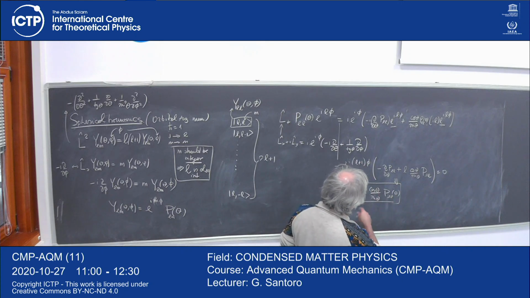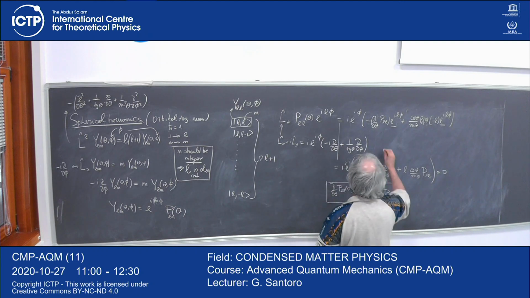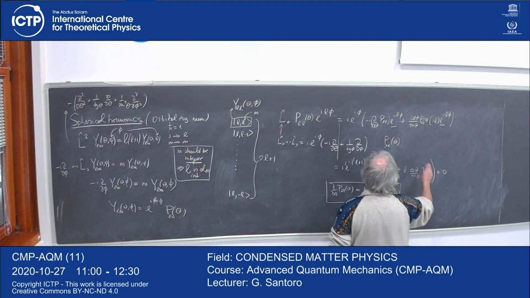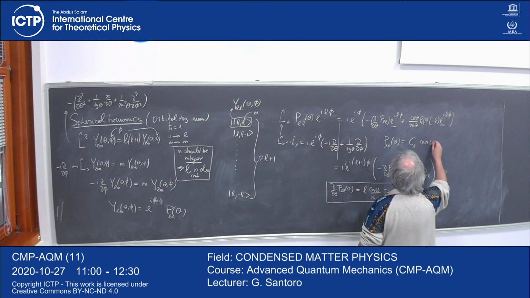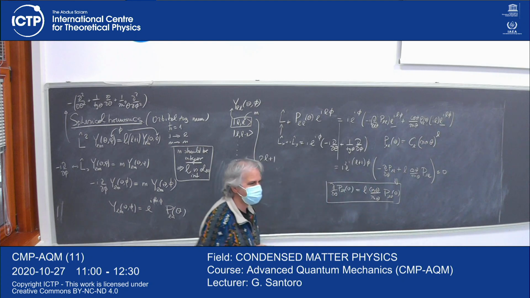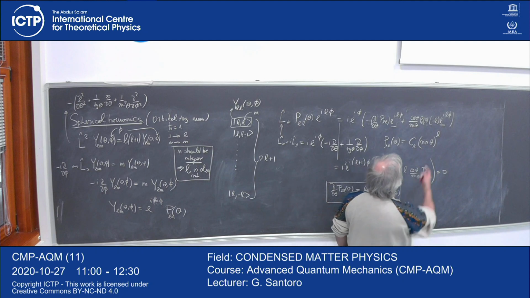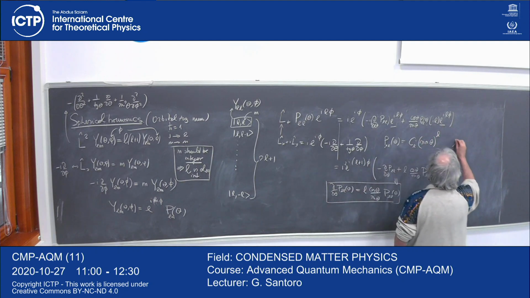It can be solved in many ways, but in particular, I will just give you a guess. The guess is the following. Suppose that I have P_LL of theta equal to some constant times the sine of theta to the power L. I suggest you this form. If I take a derivative with respect to theta, you bring down L, and this becomes L sine theta to the power L minus 1.